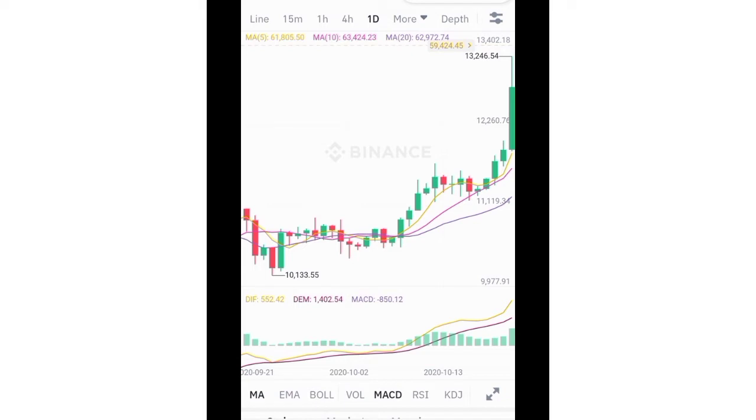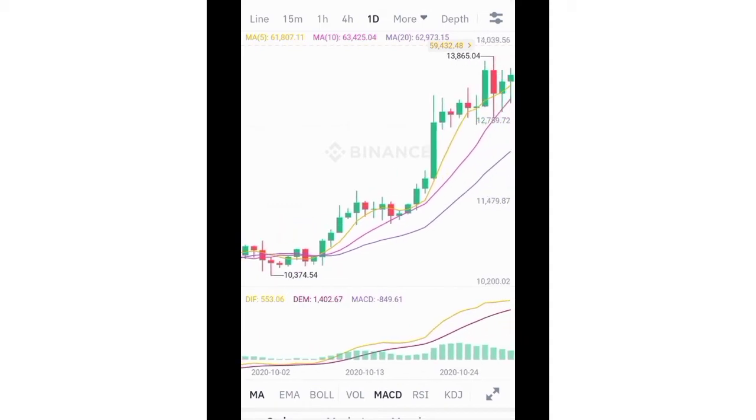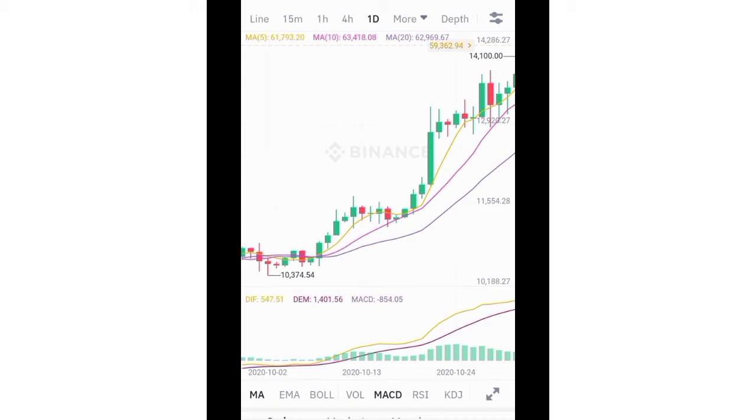From here, you can see how it moved all the way up, all the way to this place, and it is still moving.